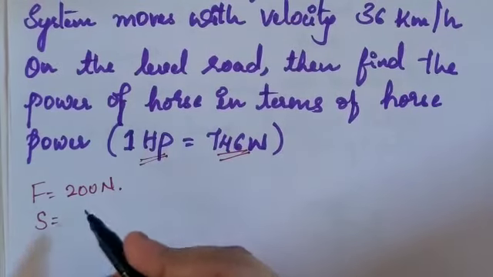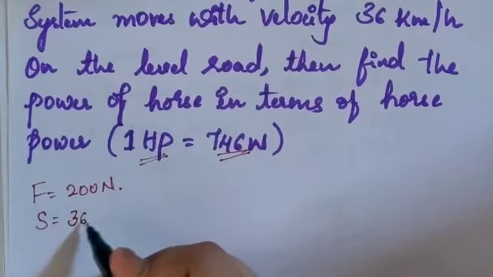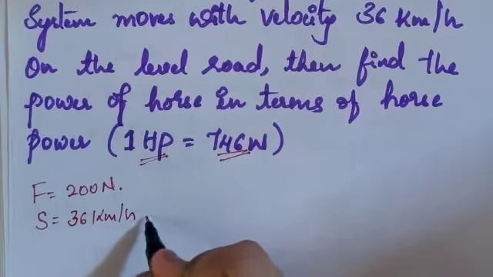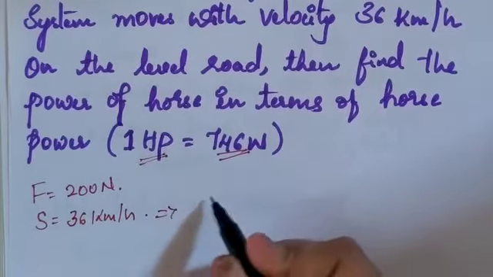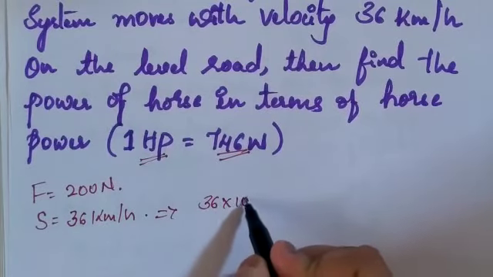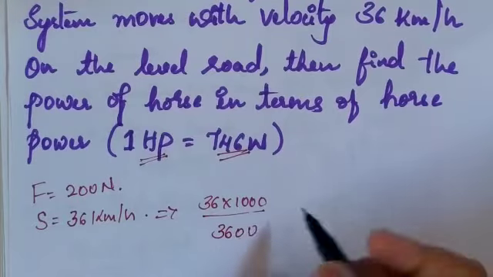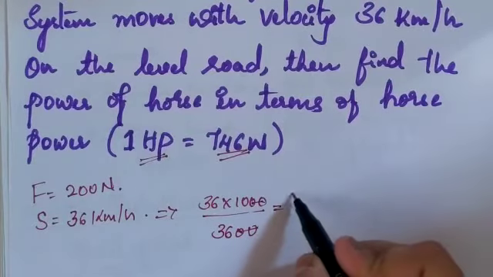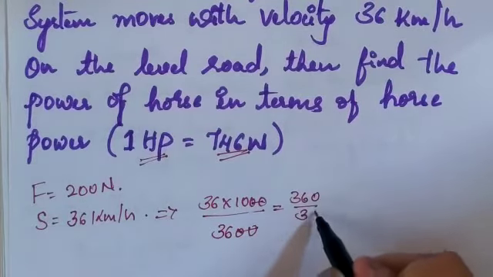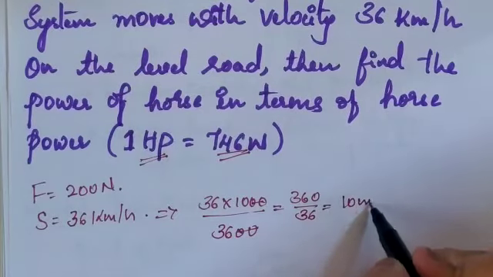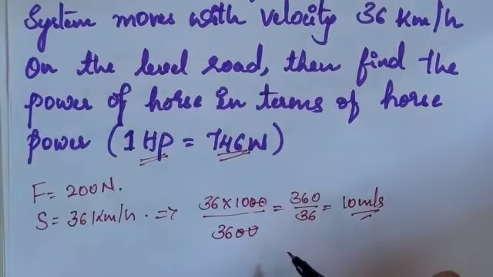Let me convert 36 kilometer per hour into meter per second: 36 into 1000 divided by 3600. If I cancel these, I'll get 360 by 36, that is 10 meter per second.